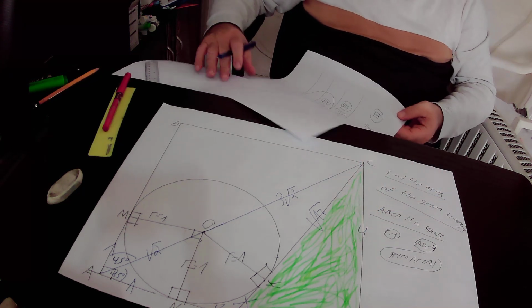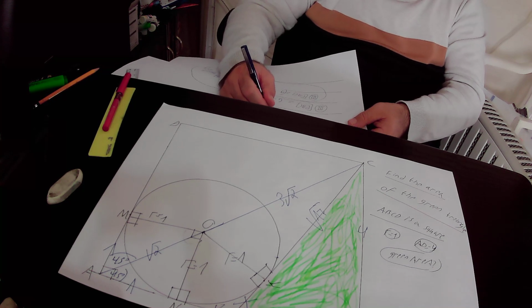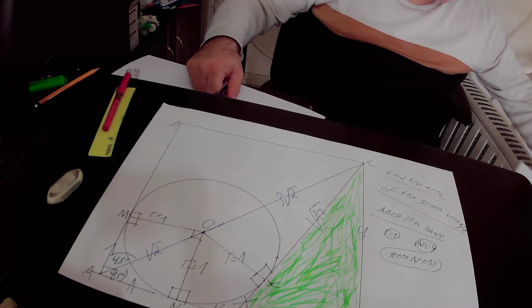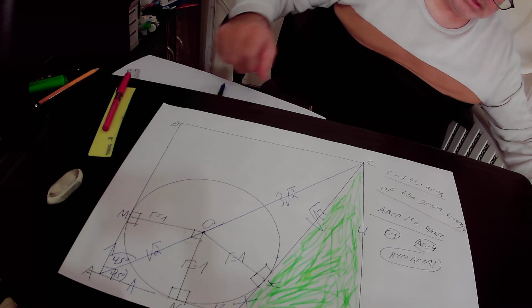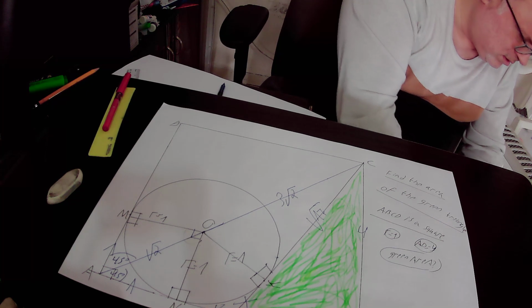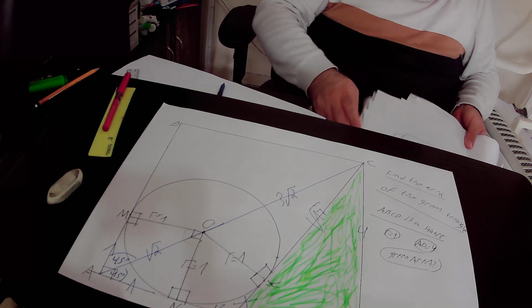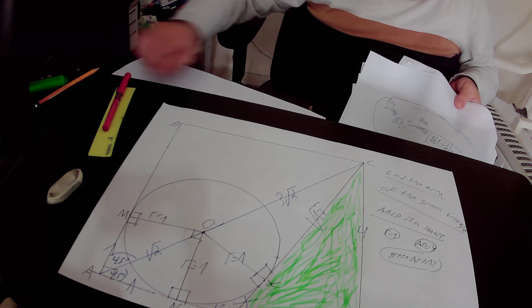Okay? So now I'll summarize the lecture. We wanted to find out the area of this green triangle, and here we have square ABCD.